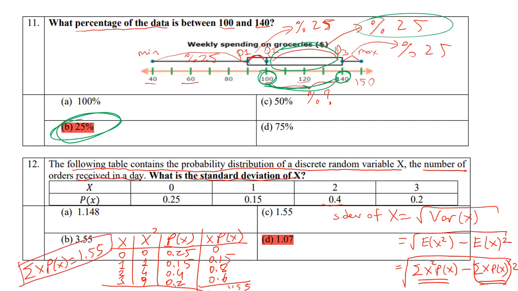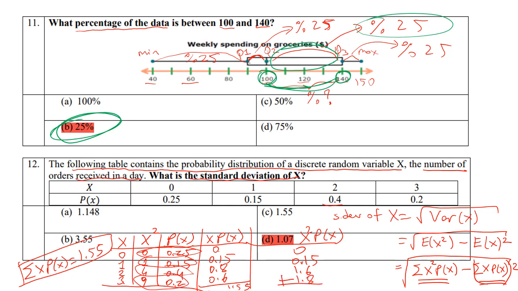Look at this now. We will do x squared p(x). You multiply these two now. It's 0 and 0.15. And then 4 times this, it's 1.6, and this one is 9 times 0.8.